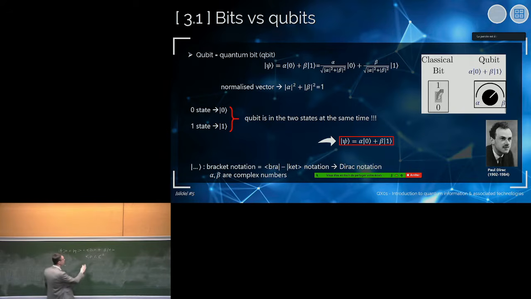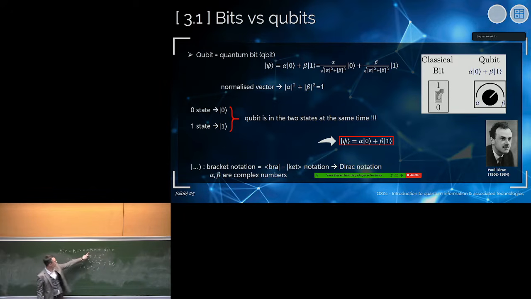And second of all, we like to work with normalized quantities, so normalized vectors, which here we called kets. That means there is a relation between alpha and beta, which is that alpha squared plus beta squared equals 1.